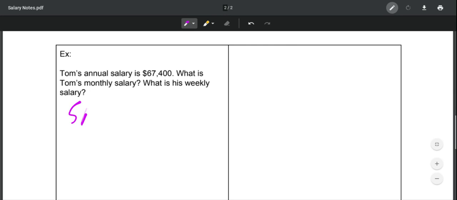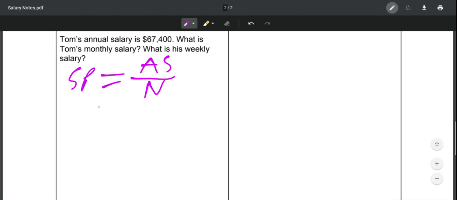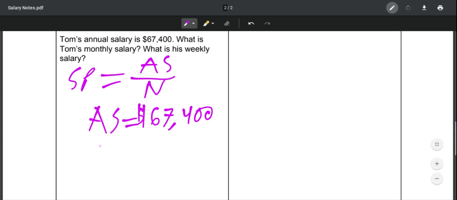So we're going to use SP equal to AS over N. In this instance, AS is going to equal 67,400, and N for monthly is going to be 12. That's how many months are in a year, so that's how many pay periods there are.